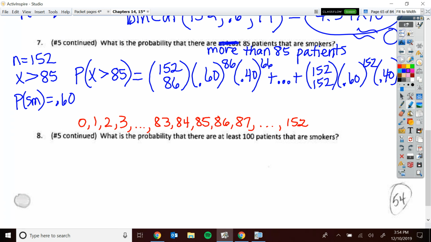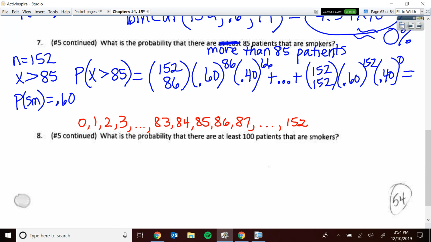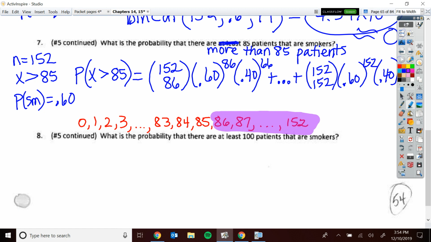More than 85, so I want 86 and above. That is what I want. If I want 86 and above, then what does that mean?